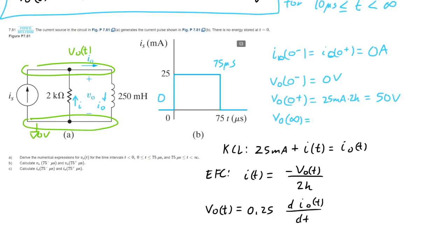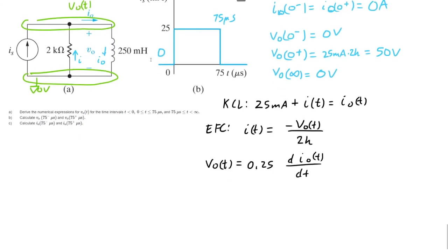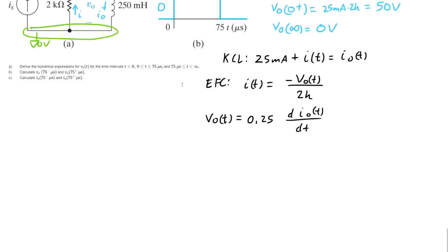And as we tend toward infinity, the inductor is going to act like a short circuit. So VO infinity will be 0 volts. We're going to use all that information later to find out the behavior of the circuit. So first thing we've got to do is use our math.